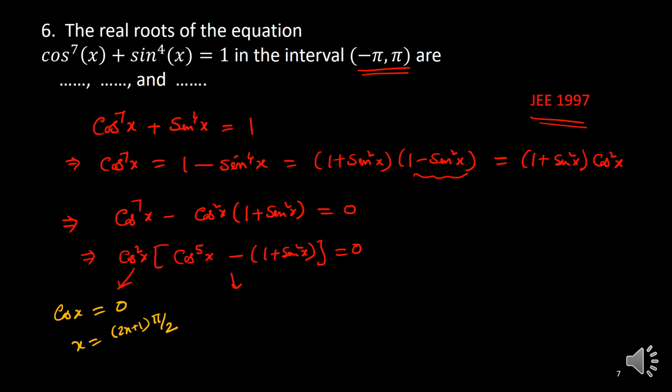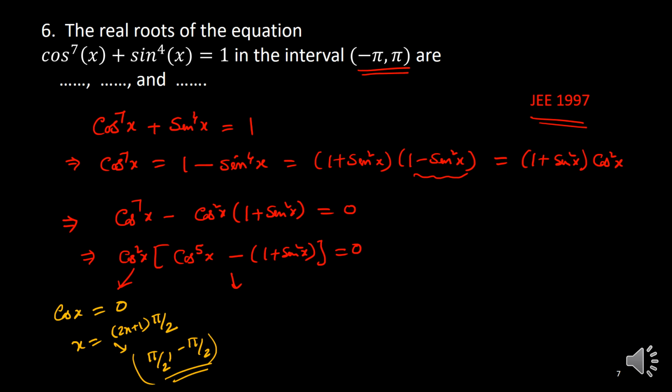So here I can put n equal to 0, and it will be pi by 2. So what are the possible solutions? One is pi by 2, and if I put n equal to minus 1, then again minus pi by 2. But the next one will be 3 pi by 2, and minus 3 pi by 2, but that is beyond pi, so I will not consider that. So we are getting two possible solutions from this side.